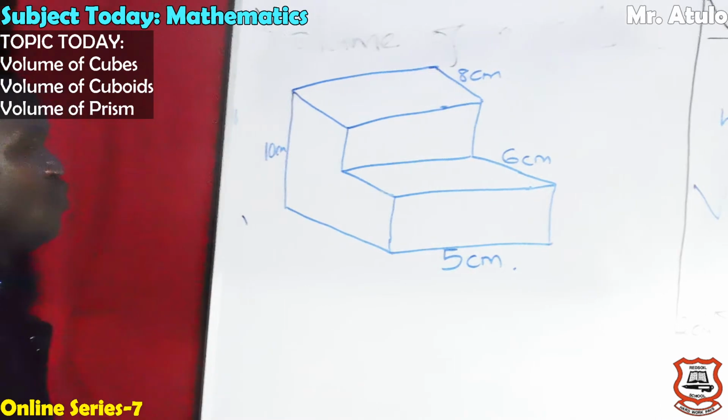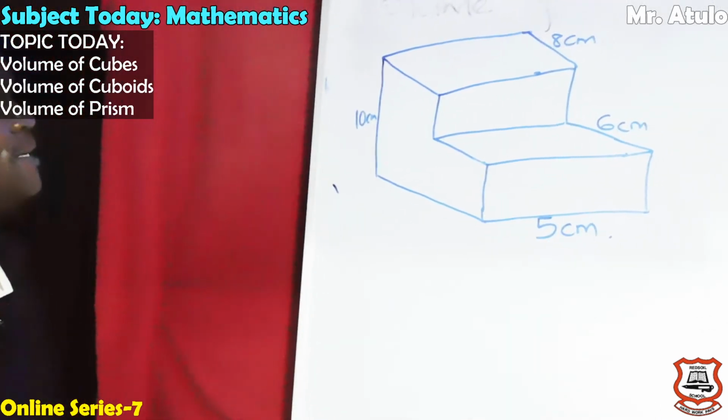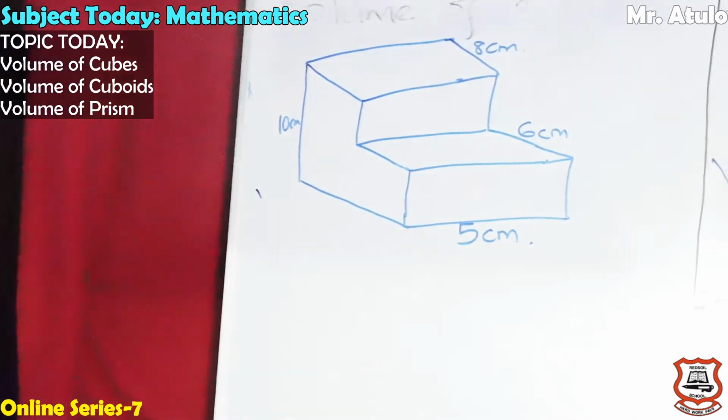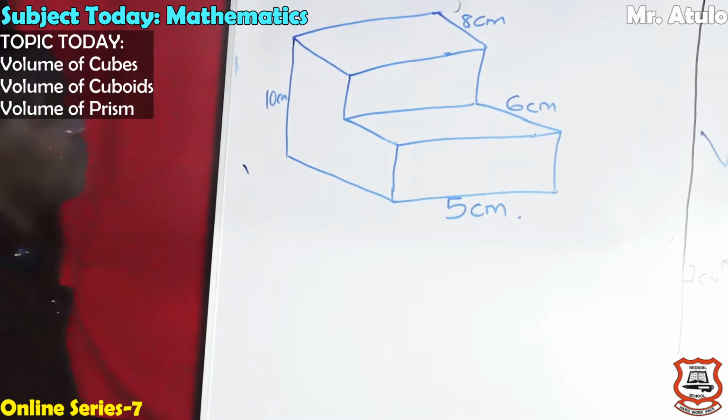Is it possible to find the volume of such a shape? Of course, the answer is yes. It's very easy. We can use two different approaches in finding the volume of this figure.